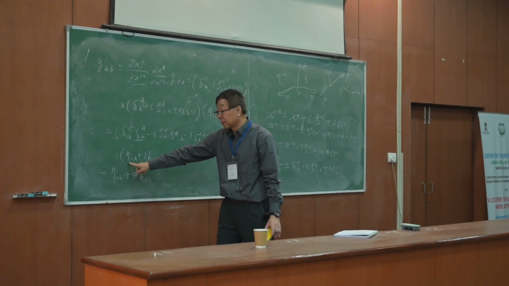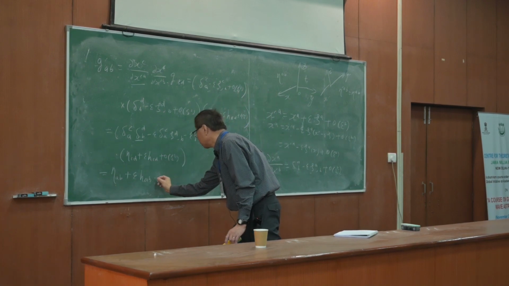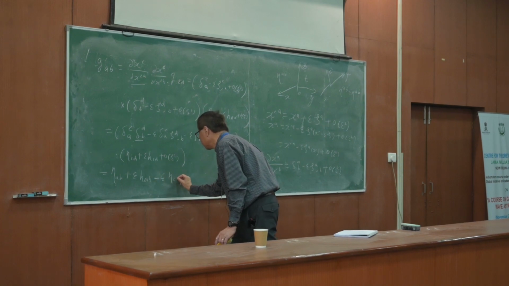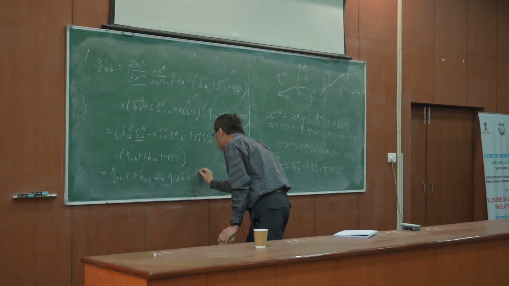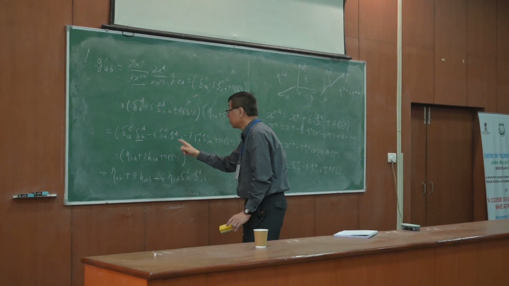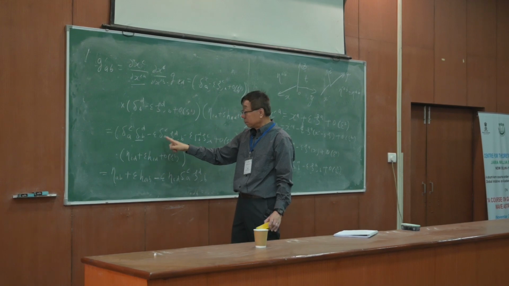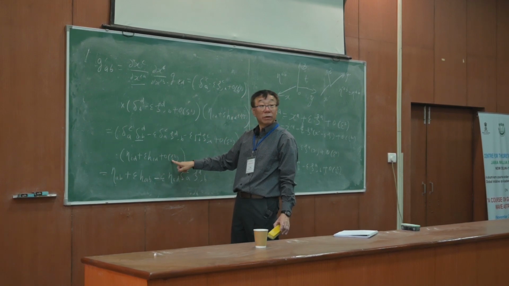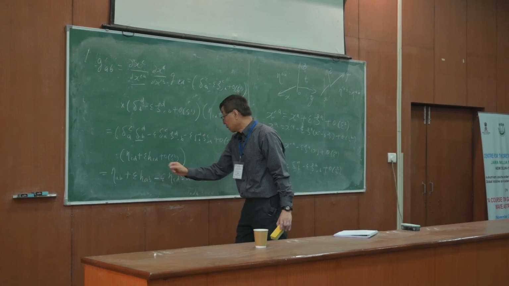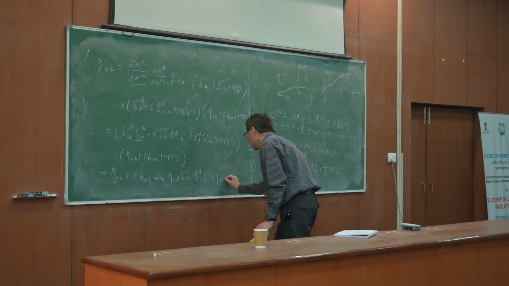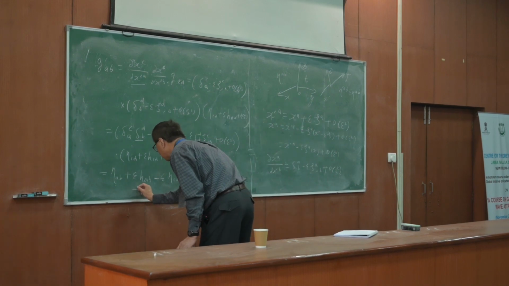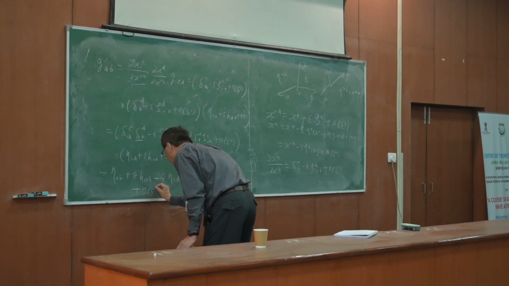Now this guy multiplied by this one, minus epsilon H CD delta C A delta D B. This term multiplied by this one is second order and higher order. Then minus epsilon H CD delta D B psi C A, plus all of them are higher order, right?